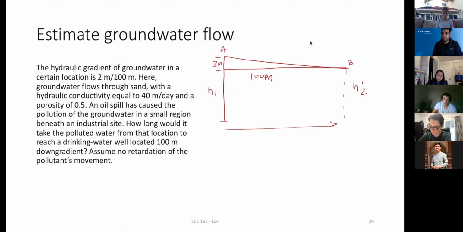I'm just putting in notations. A lot of times people write it a different way. Just give me a second.